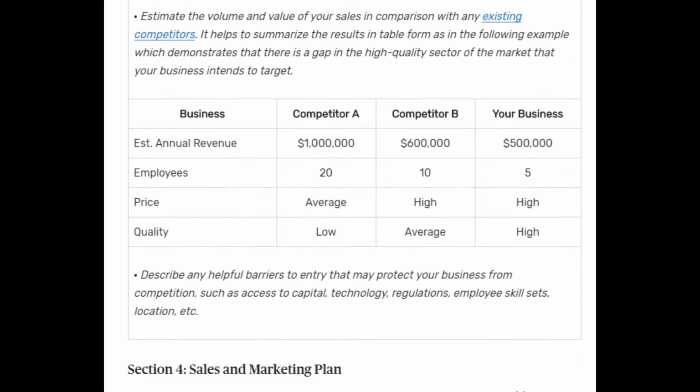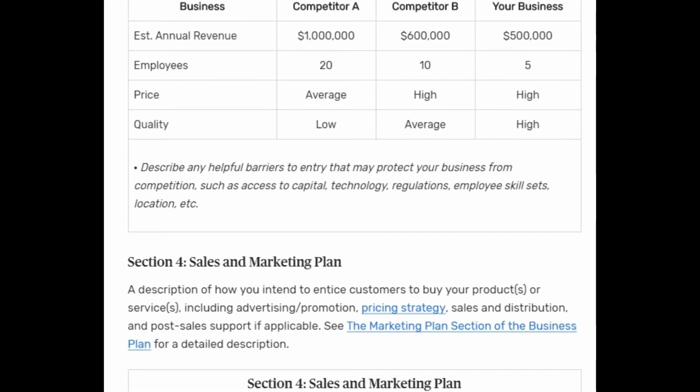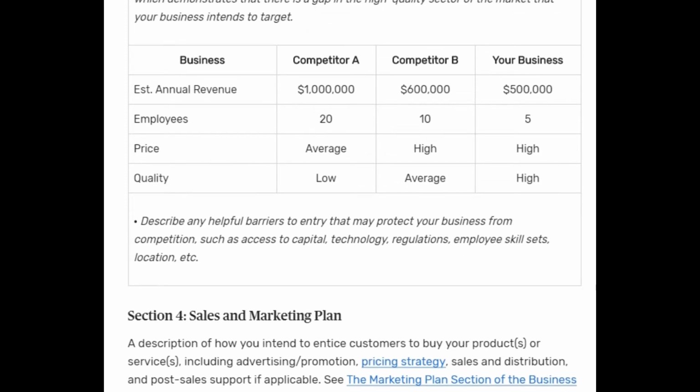And you want to describe any helpful barriers to entry that may protect your business from competition, such as access to capital, technology, regulations, employee skill sets, location. Even if you have limited resources, you can say that, and add the economic and demographic requirements and the changes that might affect your business activity, even with low resources.